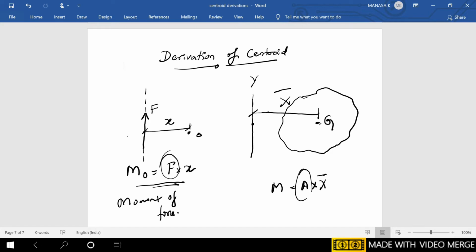So if I want to find out the moment of area, I need to have a perpendicular distance here, that is x bar, for which I have a requirement to find out G. So that is why you are going to derive the centroid of any irregular lamina or any geometrical shape. I hope you have understood.